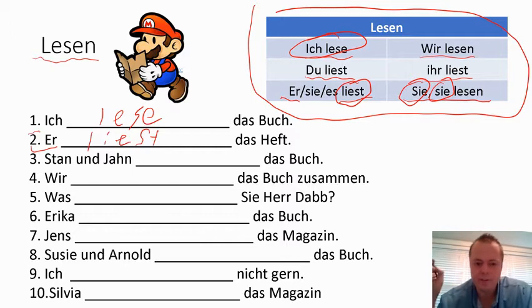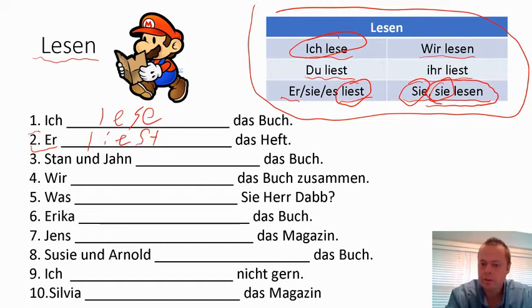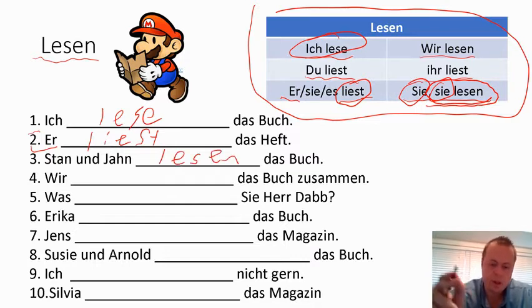A little bit tricky writing on these things. Okay, Stan und Jan. Okay, now we have two people. This is a little different. We're going to have to say they read the book. So the word for they is over here. Is sie lesen. So you're going to write lesen.